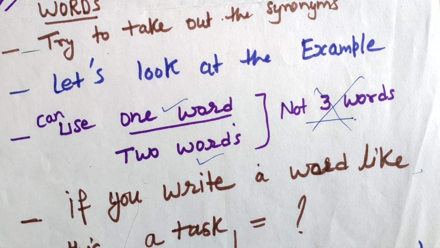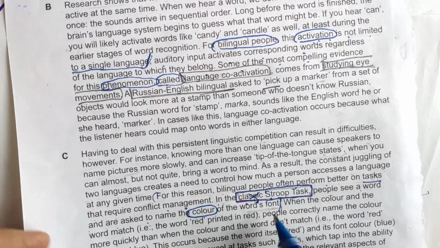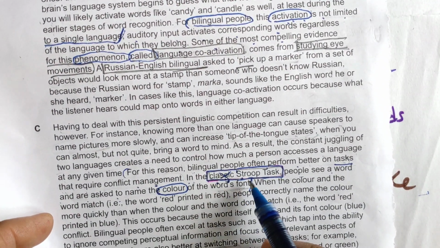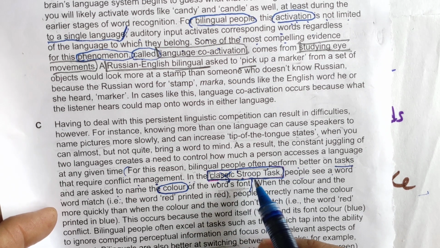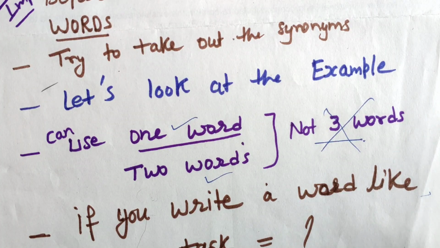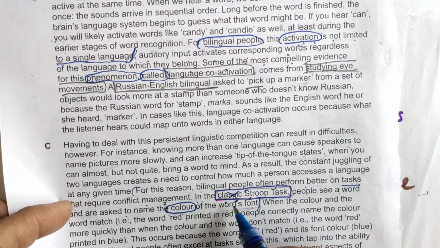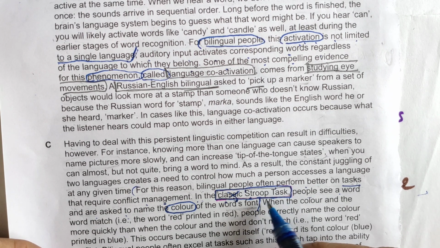Like as I told you, here the options are classic, Stroop, task. So we have to cut the option classic, and we will be writing Stroop task only. Without classic, it will also serve the purpose of explaining the task, Stroop task.